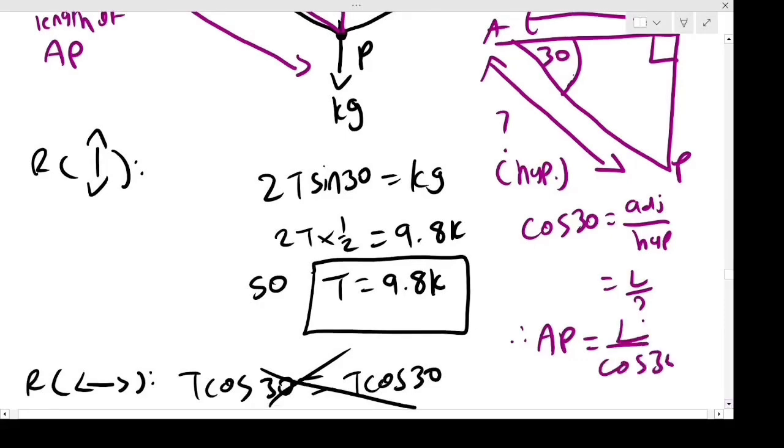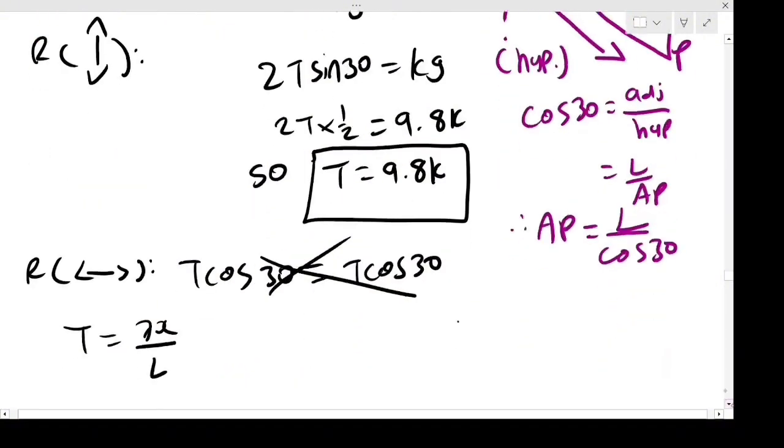If we just rearrange this, right? Okay, so therefore AP, the length AP, is L divided by cos 30. So if we divide by cos 30, we get AP is 2 root 3 over 3 lots of L.